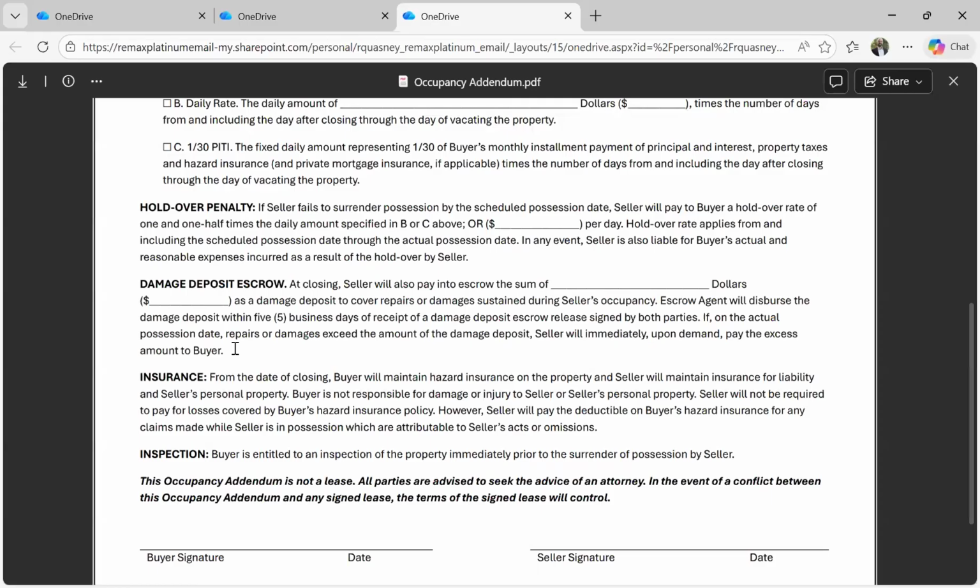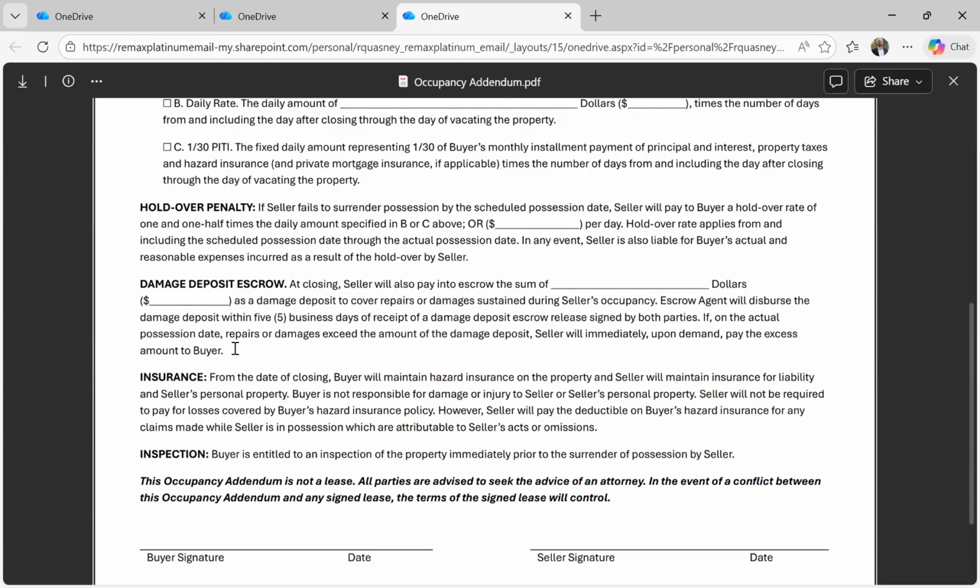A refrigerator will go out, a furnace will go out, a leak underneath the sink. And what I did is I tightened up the language, adding another paragraph to the Michigan Association of Realtors form.